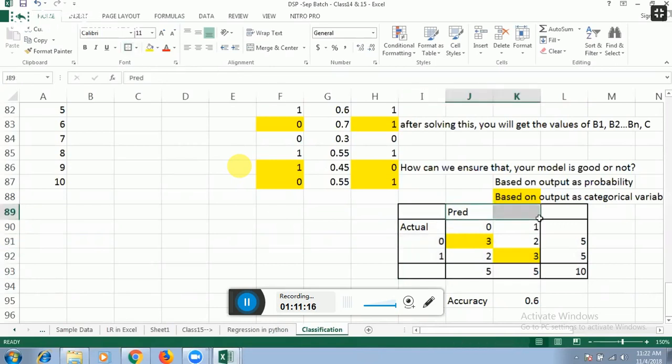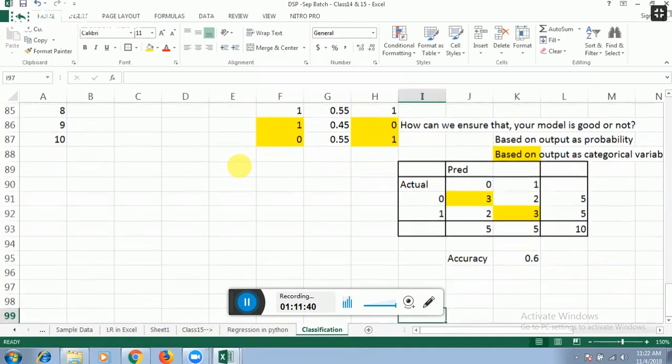So if you think about the actual, we have a total of 10 customers. Out of that, 5 of them are 0s, 5 of them are 1s. And of the 10 predicted, 5 you predicted as zeros, 5 as 1s. But the accuracy is how much? 60%.